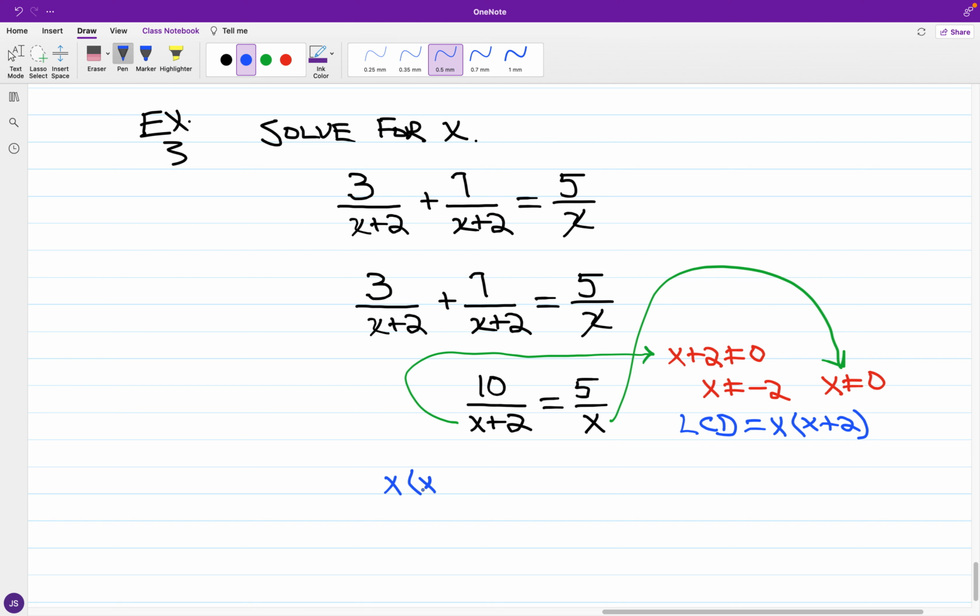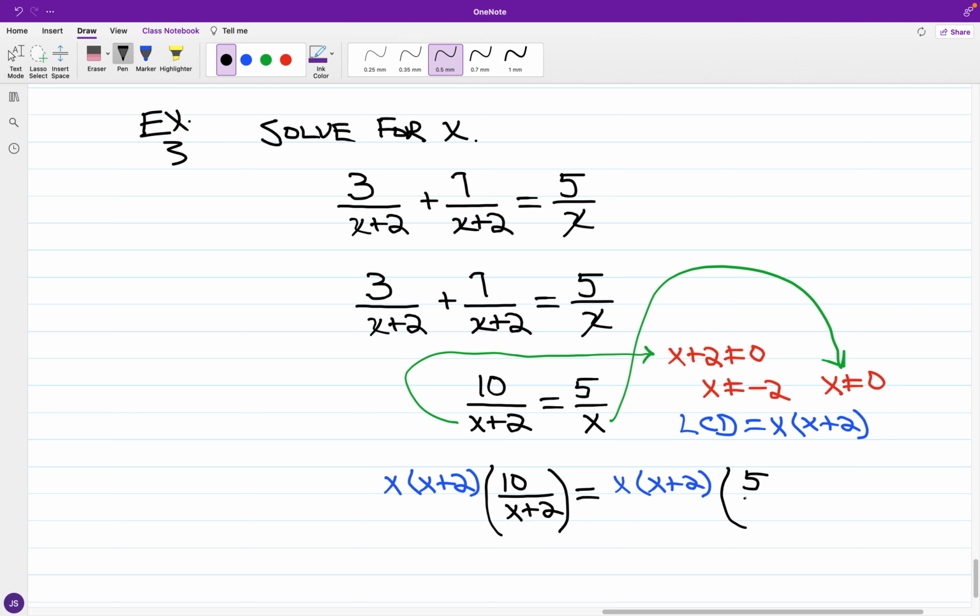So if I multiply x plus 2, I have times 10 over x plus 2. And to the right, I have multiplying out.